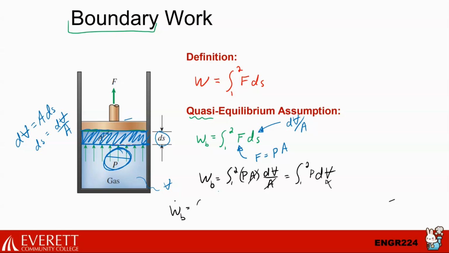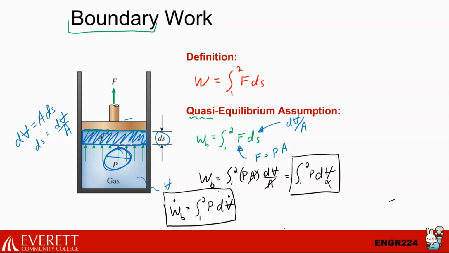I could write this out as a rate. So power, the boundary, so work per time, states 1 to 2. That pressure is not getting a power term, but my volume is. So there's one form, there's another form, and we could also write this as work at the boundary per unit mass.